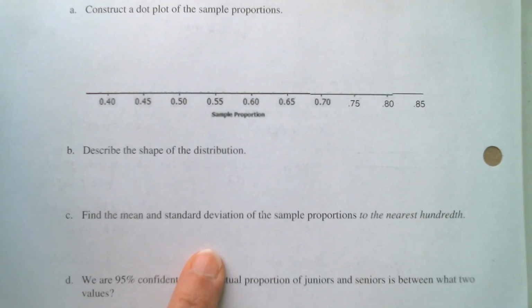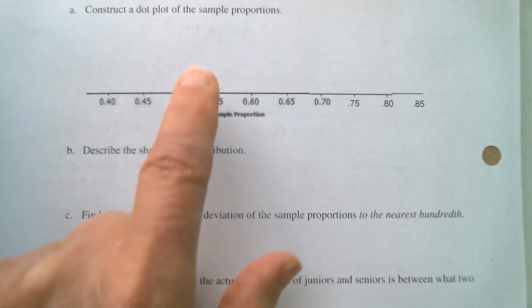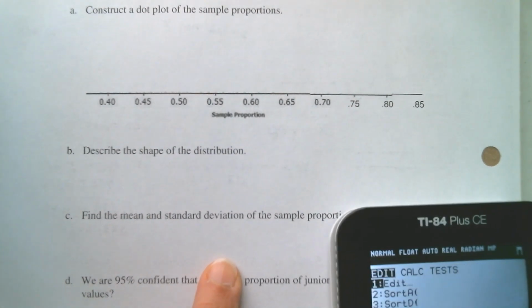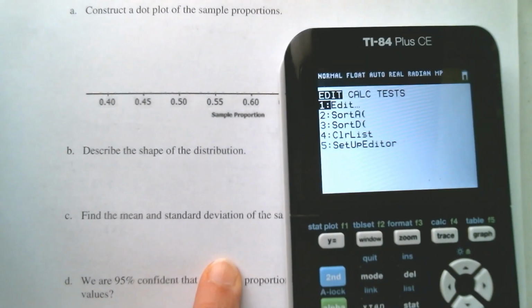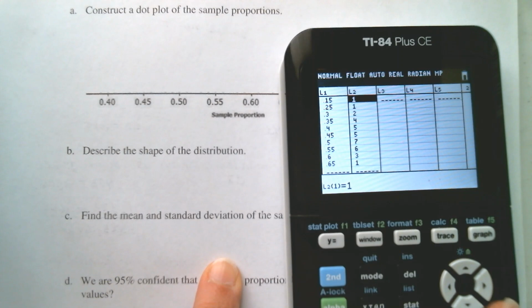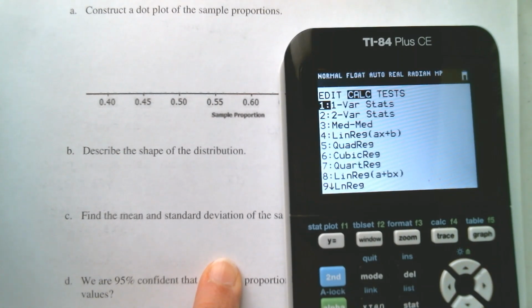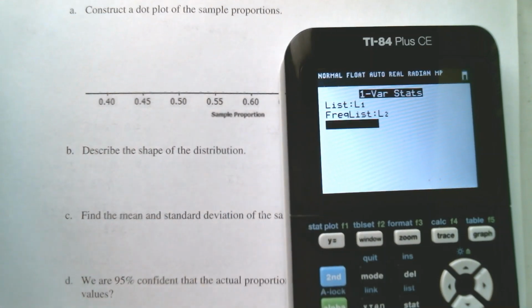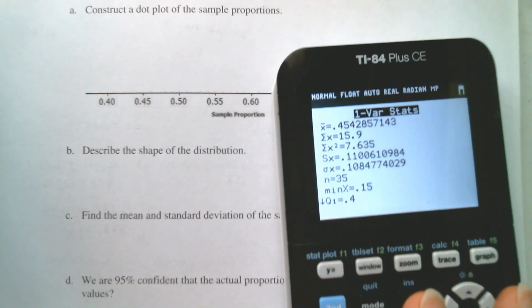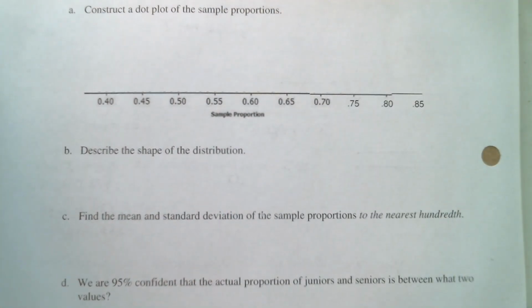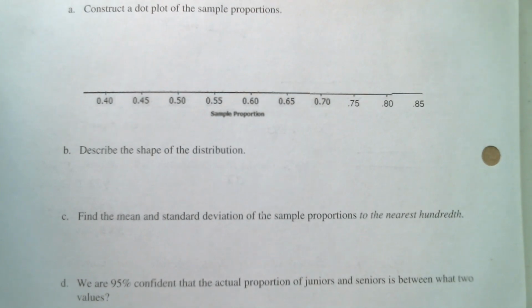You will need a calculator to put the data in: stat, edit, put the data in, and then stat calc to get the one variable statistics to get the mean and standard deviation.